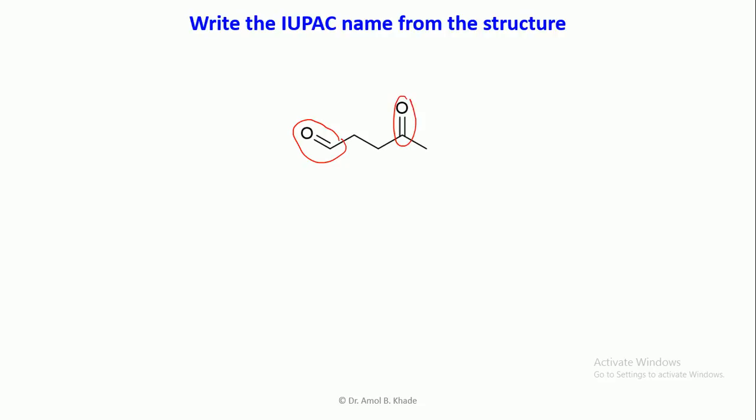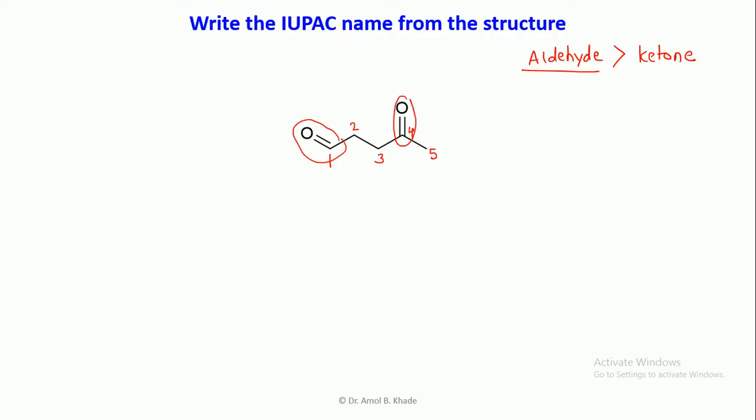So when aldehyde and keto functionalities are there, we have already discussed in the rule, aldehyde functionality will take priority. Aldehydes have priority over ketones. Okay, so they will get the priority for numbering those. So obviously I should give number 1 to this carbon, this will be 2, this will be 3, then this will be 4, and this will be 5.